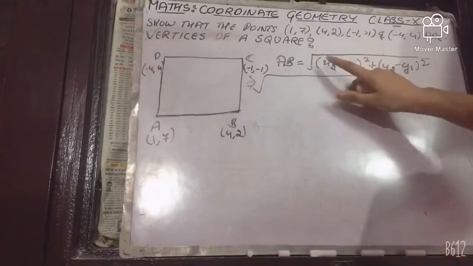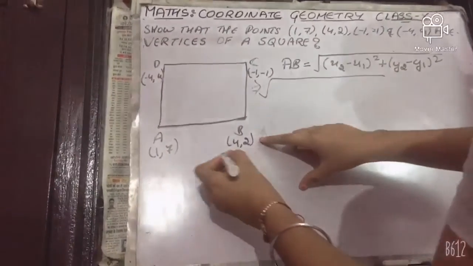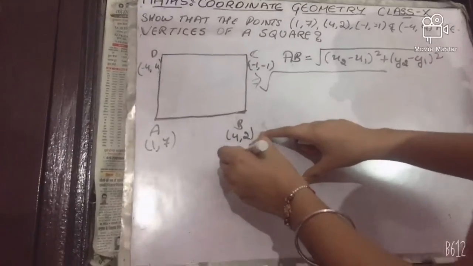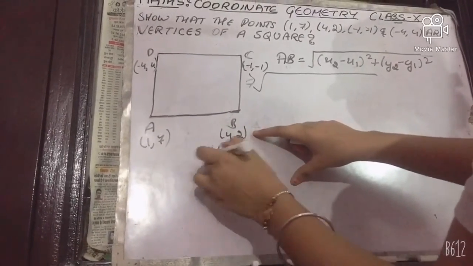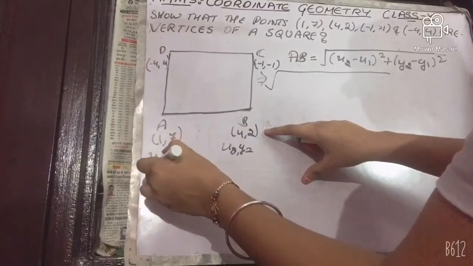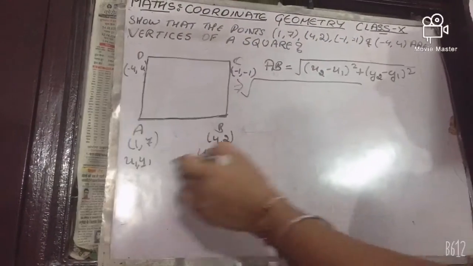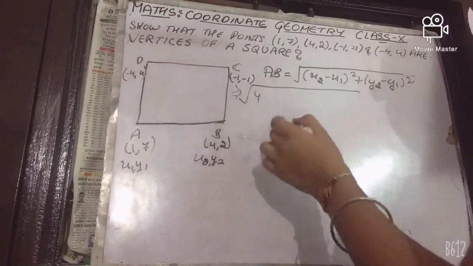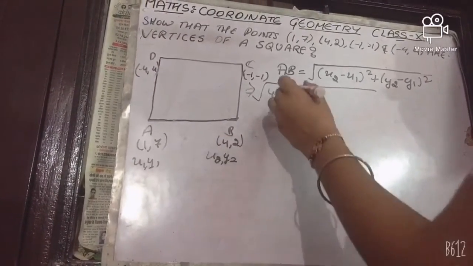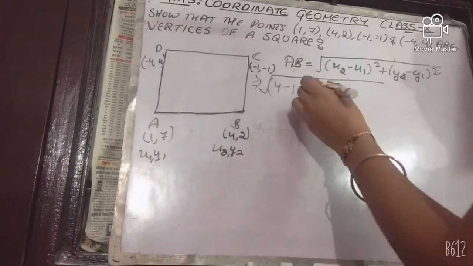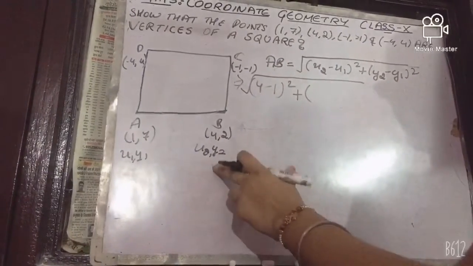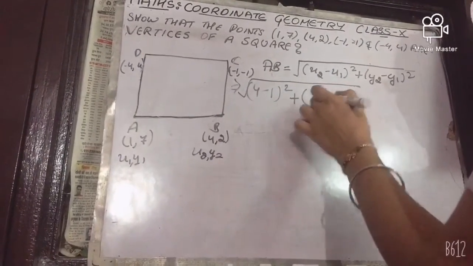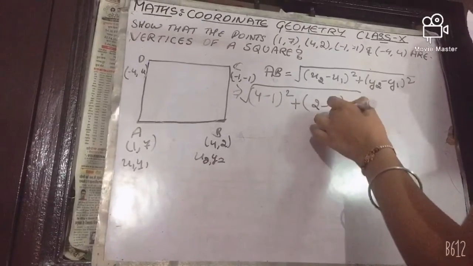So here, first of all, we will name our numbers x1 and y1. Now we will put the values of x2 and y2. So first of all x2 is 4, x1 is 1, and y2 is 2 and y1 is 7.